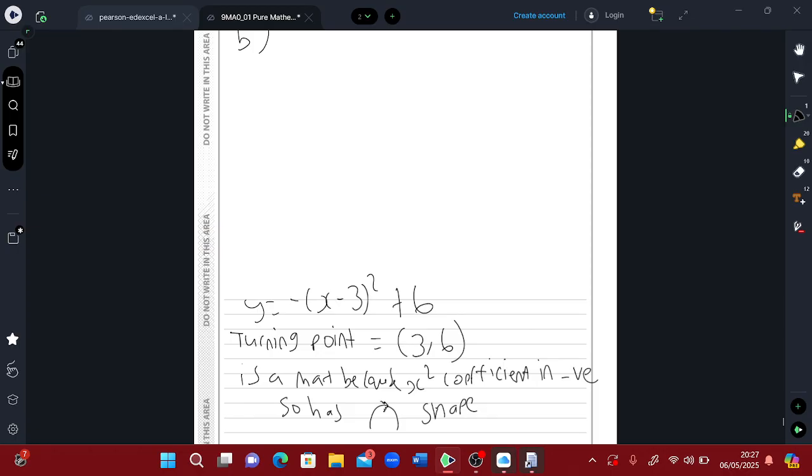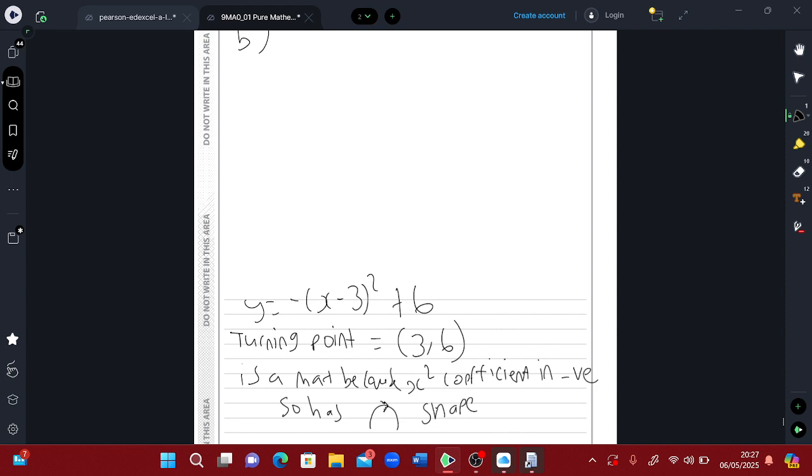But how you work out minimums or maximums with a quadratic, and why completing the square works, is, well, think about it. The only way you can vary y is if you vary what's in the bracket. Y varies with x, right? X is a variable here.